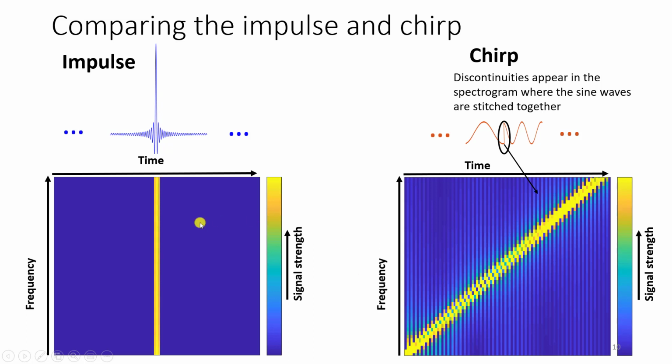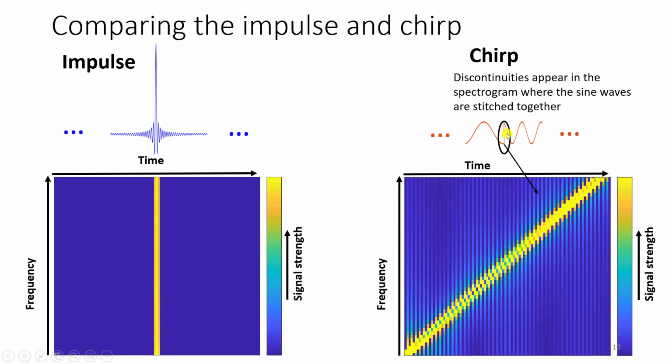Now, in contrast to the impulse, where the frequency content is 0 outside of the narrow time of the impulse, here we can see that there's this leakage of frequency outside of the sine wave's specific frequency.